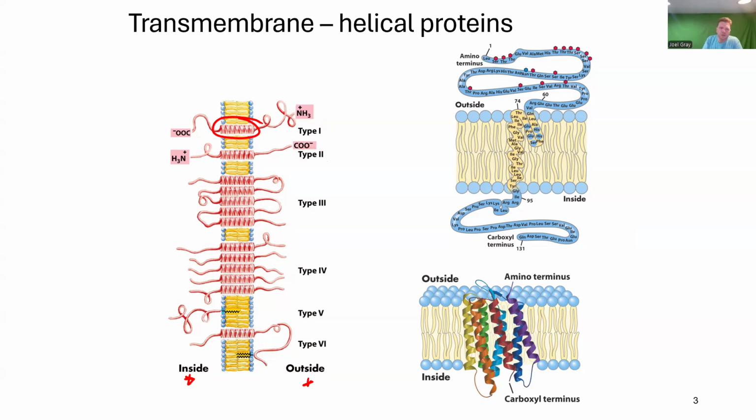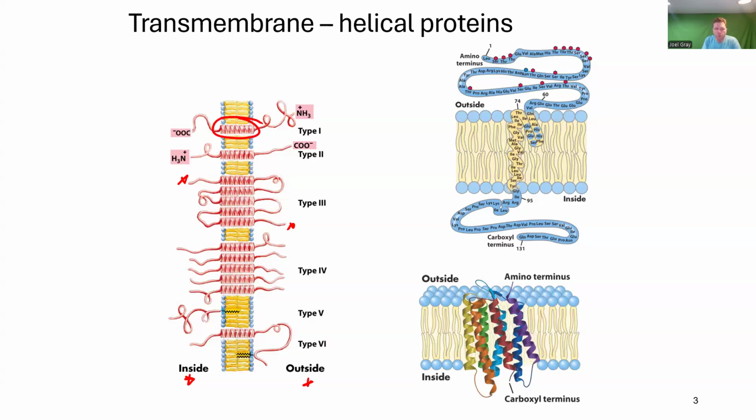Your type 3 transmembrane proteins, what's significant about them is that the N termini versus C termini does not matter so much. What matters is that the N termini and C termini are on opposite sides of that lipid bilayer.